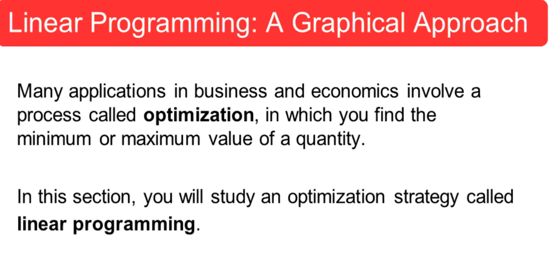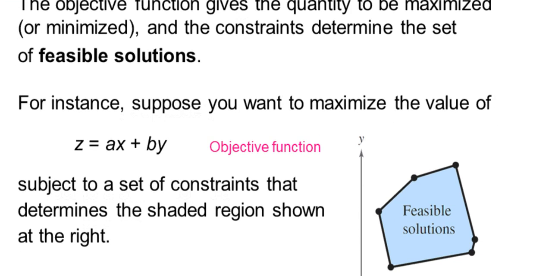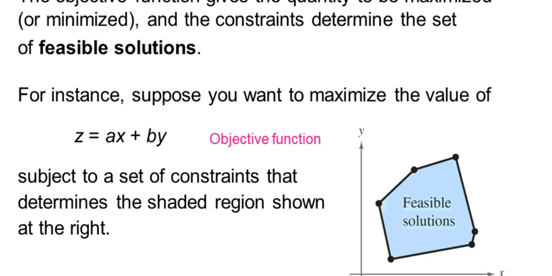And when we're looking at linear programming, we're usually trying to optimize something. So we either want to find a minimum or a maximum. And often by using various constraints, we can arrive at the optimal minimum or maximum value. And we usually have feasible solutions, and you can see this little picture down here.